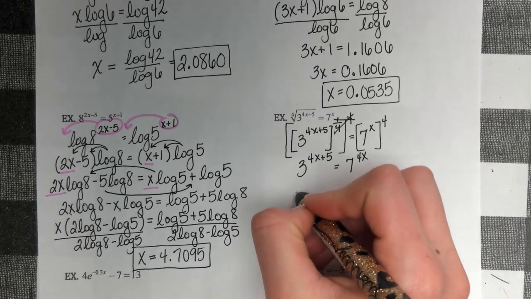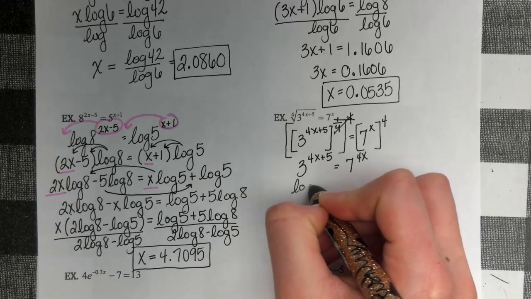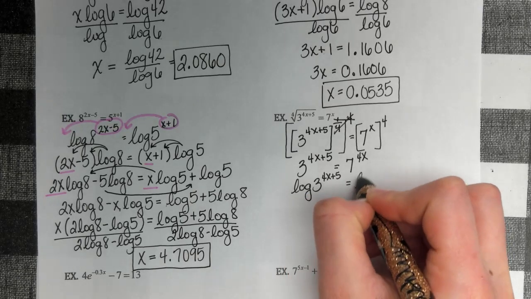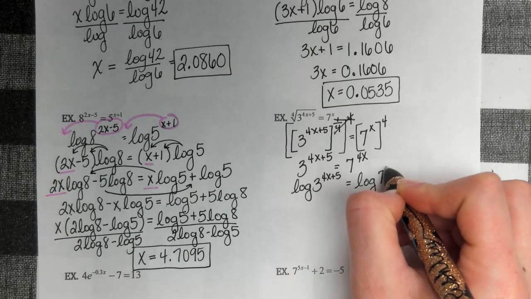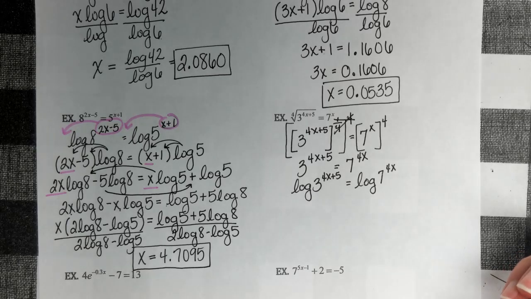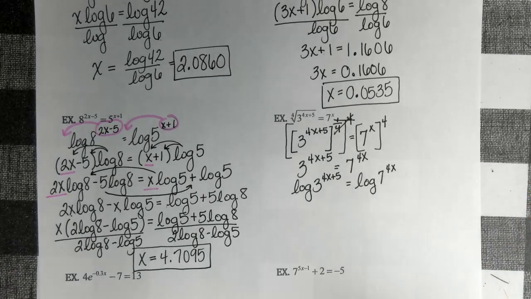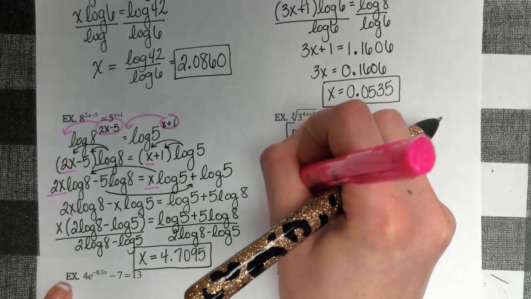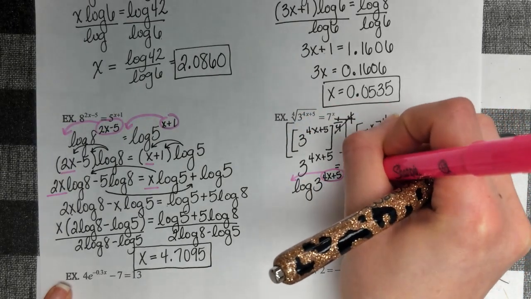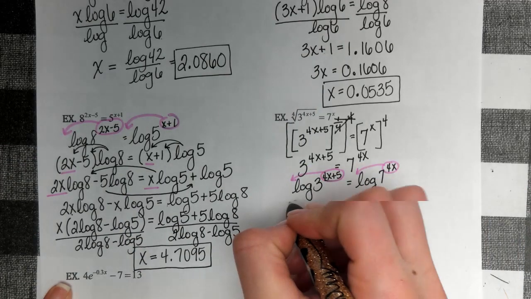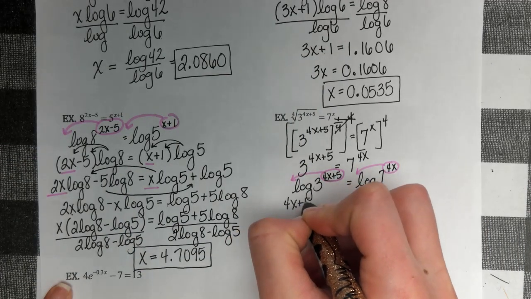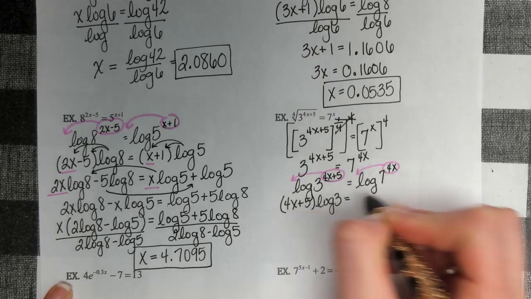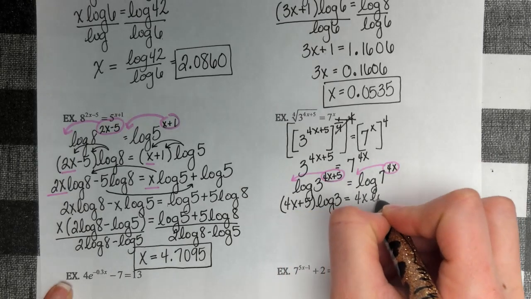So now I can do my log of 3 to the 4x plus 5 equals log of 7 to the 4x. And then what am I going to do? Bring my exponents forward. So 4x plus 5 in parentheses times log of 3 equals 4x log of 7.